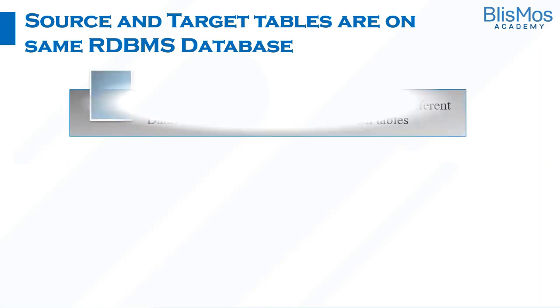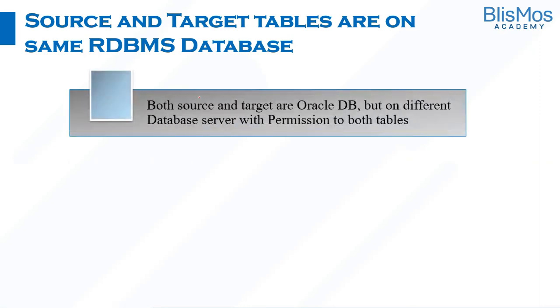But now the scenario here is both source and target are in the same RDBMS, but on a different database server. Please note this down, on a different database server with permission to both the tables.